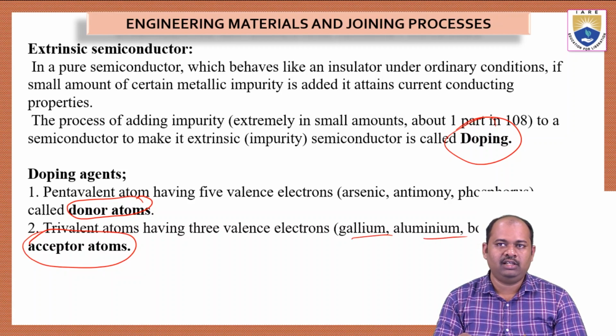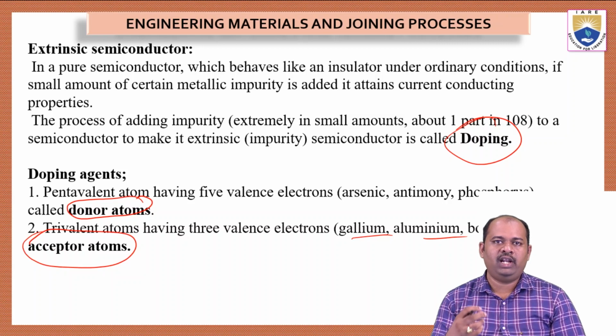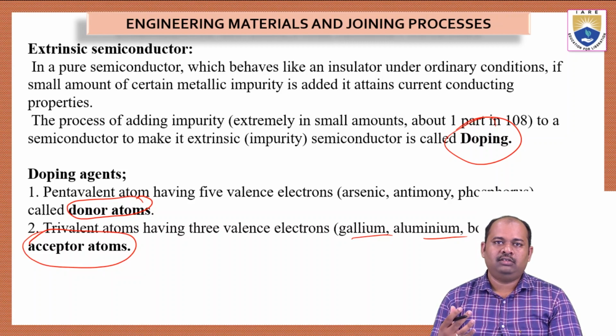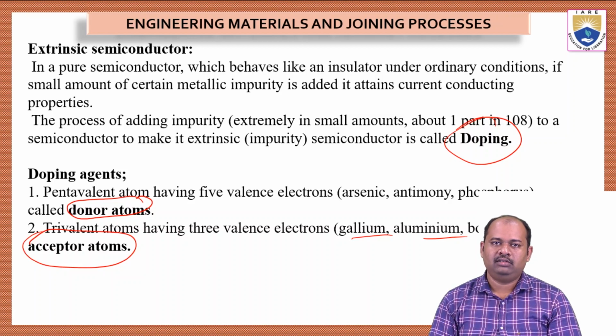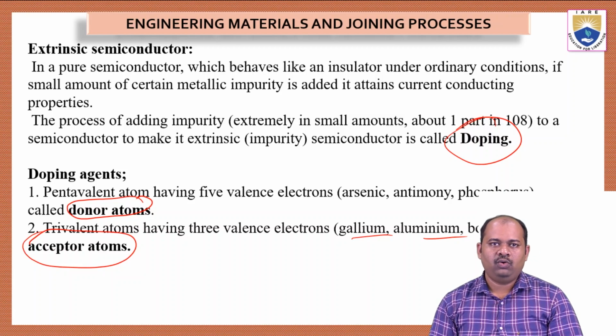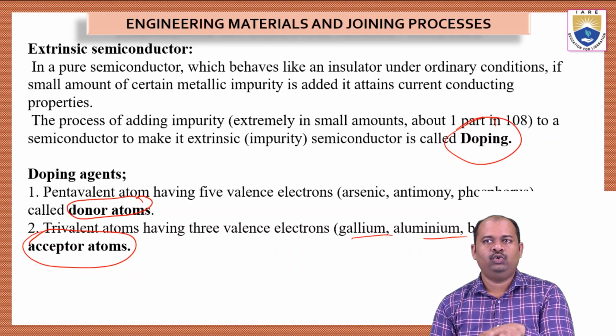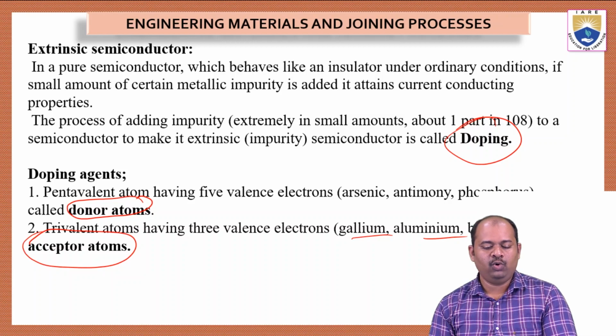This metal will accept the covalent electrons, the free electrons. If pentavalent atoms are added, like if there is a requirement of electrons in the semiconducting metal, this donor atom will donate electrons to this metal. So this is all about extrinsic semiconductors, doping, and doping agents. We have 2 types of doping agents, donor and acceptor atoms.